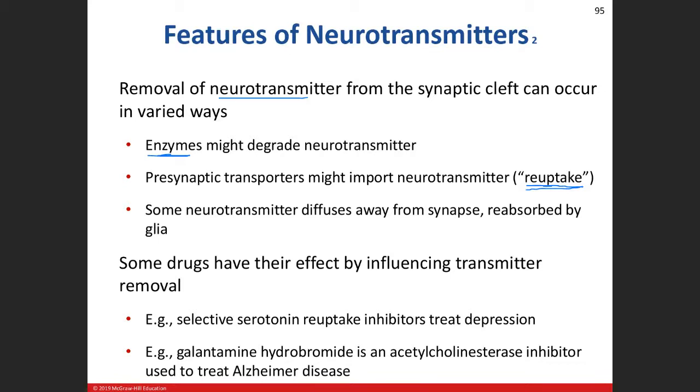And in some cases, the neurotransmitter just moves away from the synapse, and the neighboring glia take it in. So those are the three ways: an enzyme to break it down, reuptake transporters that suck it back into the synaptic knob, or it moves out of the synaptic cleft and the glial cells take it up.